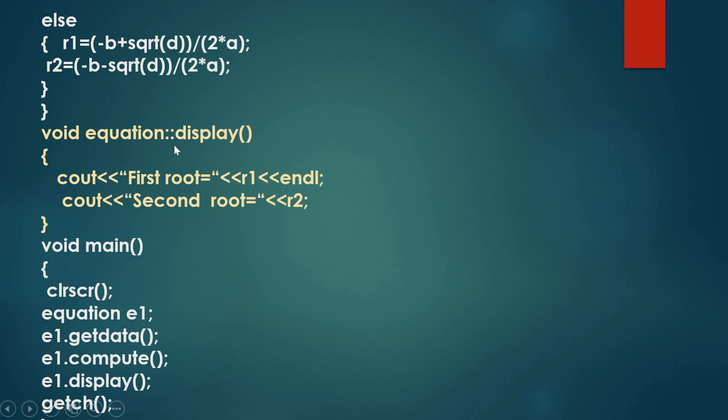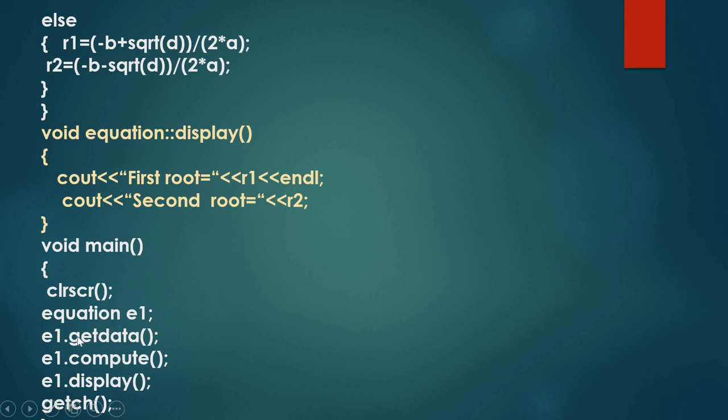Then in the display function we are printing the roots. First root is equal to r1. Second root is equal to r2. In the main function, we are creating the object of the class equation. E1 is the object of the class equation.